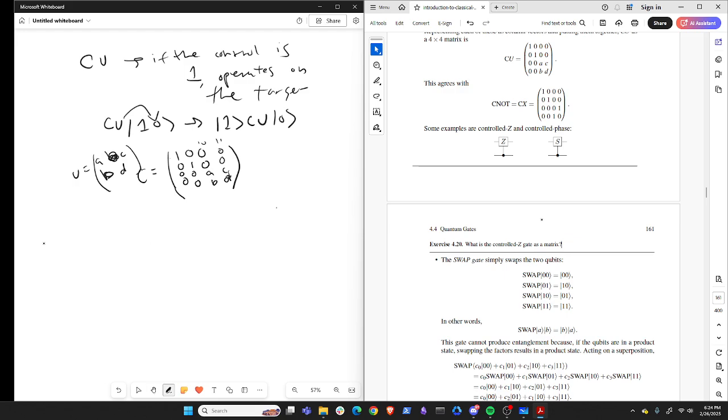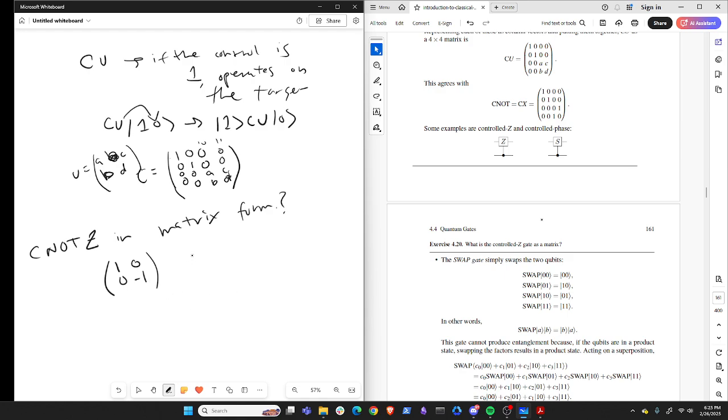Just an example of how we would think through putting that one into matrix form. Well, we know that Z normally is 1, 0, 0, negative 1. So it does not affect the first one. It does affect the second one.